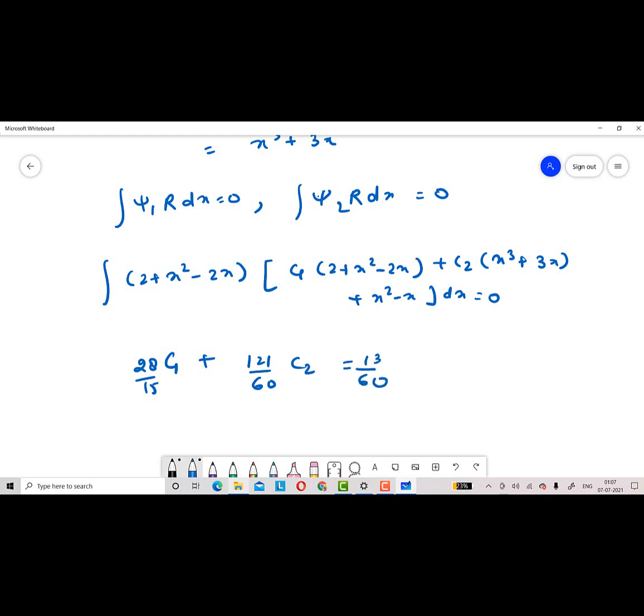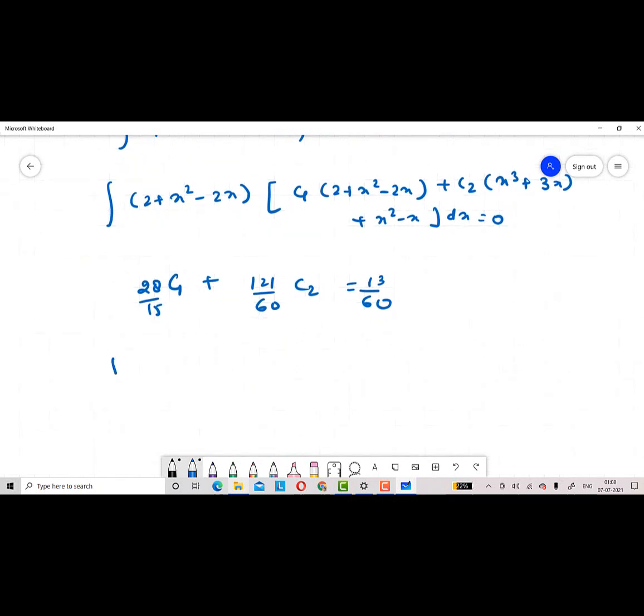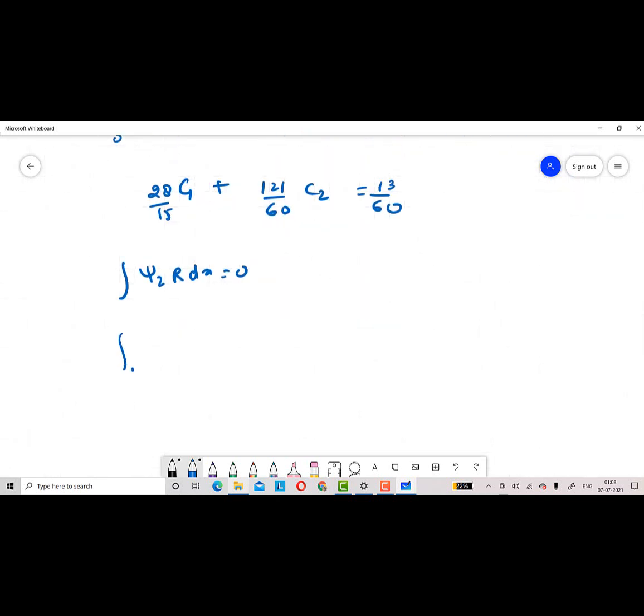Similarly, we will calculate for the second equation. The second equation is integral of psi2 r dx equals 0, and the limit is 0 to 1. Psi2 is x cube plus 3x, and r we already knew, C1 (2 plus x square minus 2x) plus C2 (x cube plus 3x) plus x square minus x, and then dx.